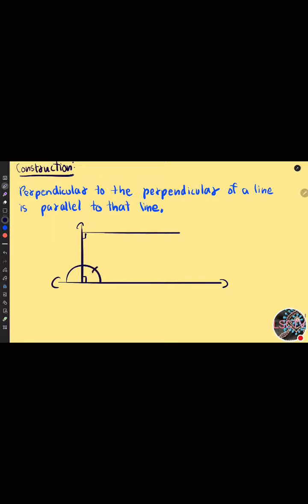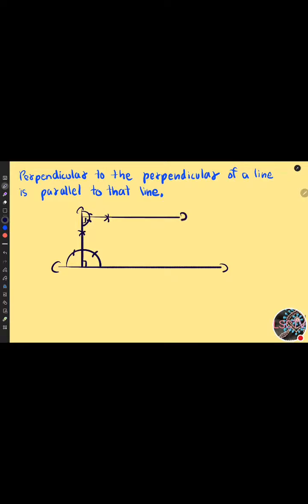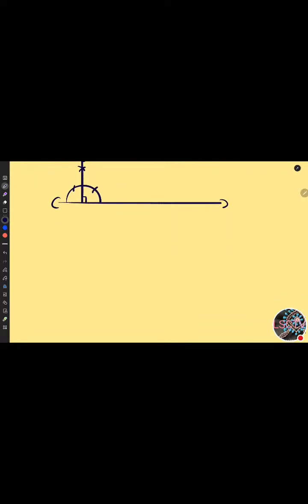You draw an arc. From here again you draw an arc. Then this perpendicular. That is correct, but this is really confusing.